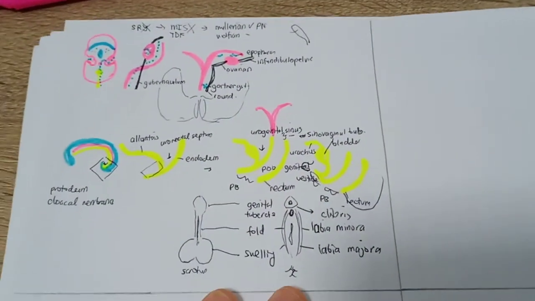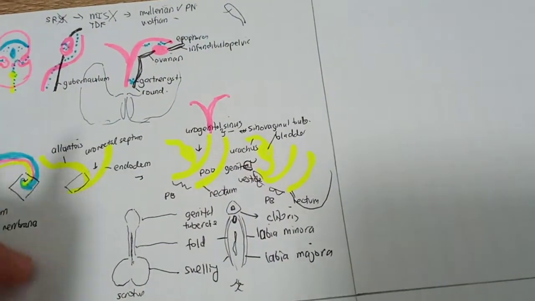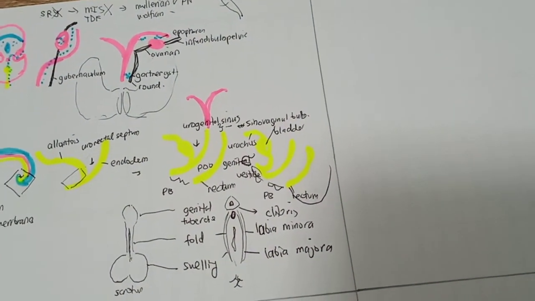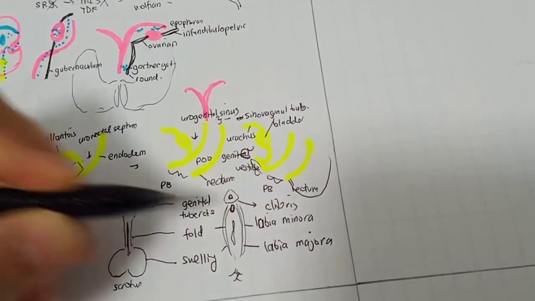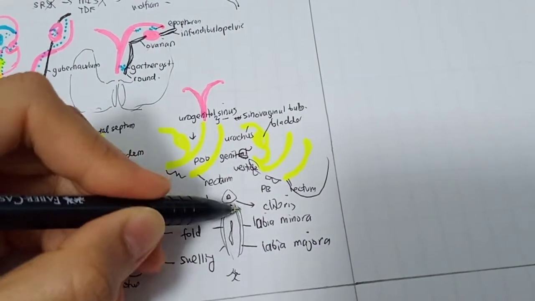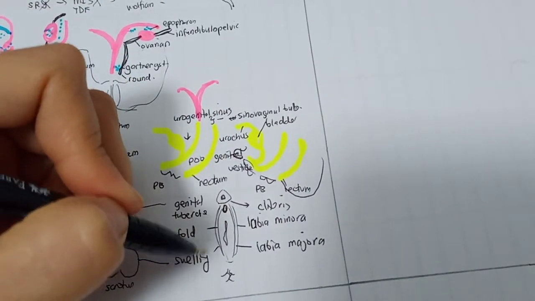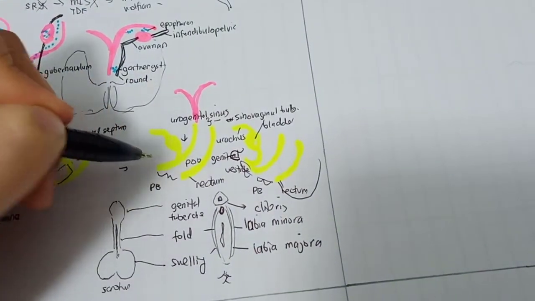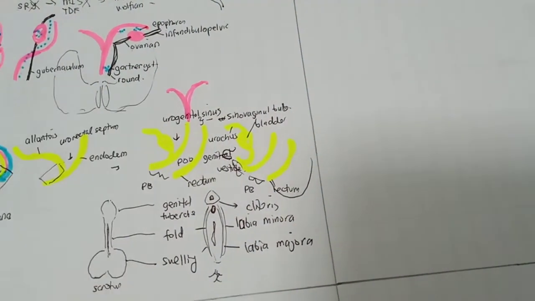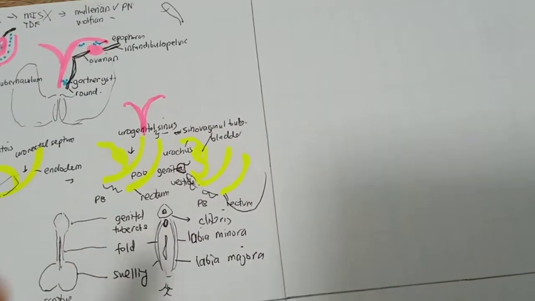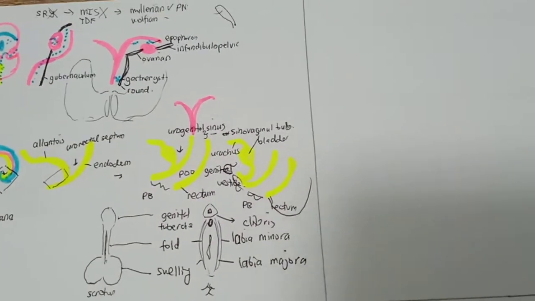But another thing: if there is a cloacal anomaly, there is a patient with a rectal opening inside the vagina, or they have a connection between the urethral opening and also the vaginal opening. So there is an abnormality, which we call a cloacal anomaly.